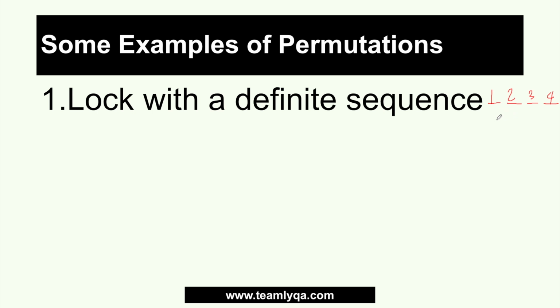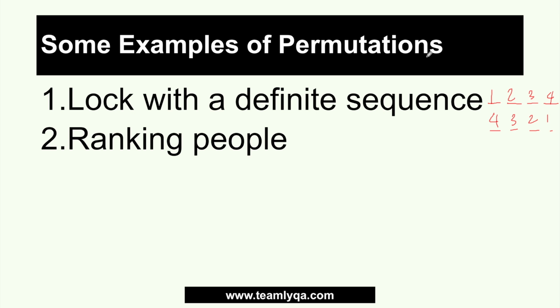Hindi pwede na maging 4, 3, 2, 1 or any other combination kasi in this case, hindi ka papasukin nung lock. So, a lock with a definite sequence uses permutations. Okay? Bakit? Kasi hindi ka pwedeng makalusot kung hindi eksaktong-eksakto yung order ng mga numbers. Kahit na parehong numbers ang gagamitin mo, you still have to know kung sinong nauuna.